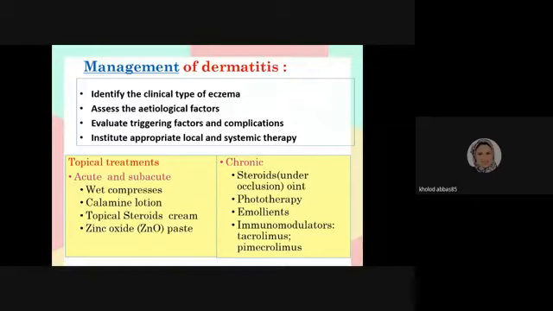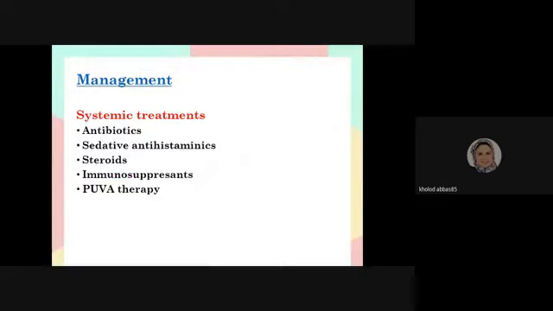It's also dry skin. It helps in drying skin. In systemic treatment, according to the case, if there's infection, as infective eczema or infected eczema, we can use antibiotics. We can use sedative antihistamine in case of acute dermatitis, where there is severe itching.